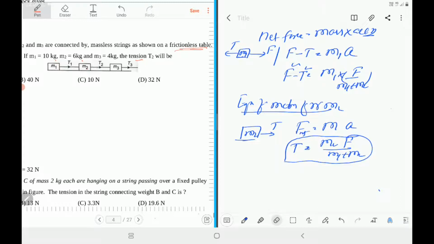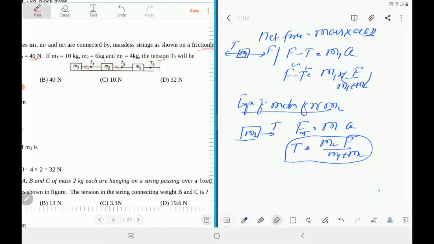We can write tension this way also, because tension is an internal force, an action-reaction pair. If there is force exerted by M3 on M2, at the same time M2 also exerts force on M3, the same force T2. Again between M1 and M2, there is a tension force. Here tension is shown from M1 to M2. It can be shown this way also, because this arrow shows force on M2 by M1. This arrow shows force on M1 by M2.